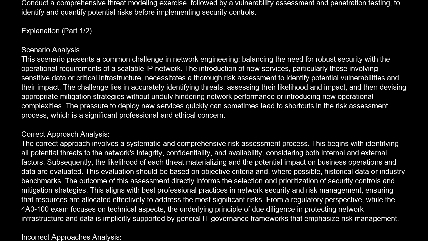This aligns with best professional practices in network security and risk management, ensuring that resources are allocated effectively to address the most significant risks. From a regulatory perspective, while the 4A0-100 exam focuses on technical aspects, the underlying principle of due diligence in protecting network infrastructure and data is implicitly supported by general IT governance frameworks that emphasize risk management.